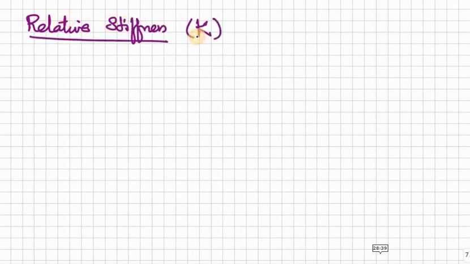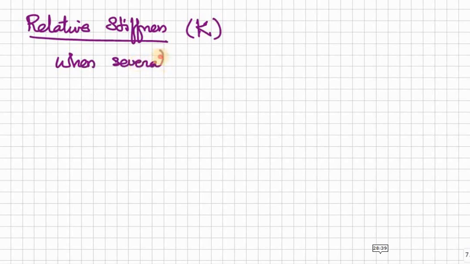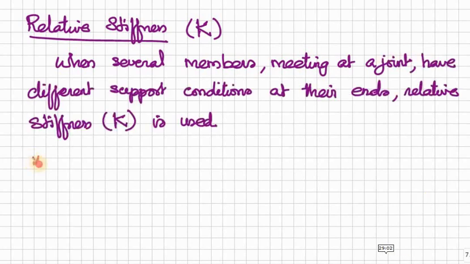Next, relative stiffness, capital K. It is used only for calculation simplification. When several members meeting at a joint have different support conditions at their other ends, then relative stiffness capital K is used to simplify the computation. If far ends of all the members are fixed, then stiffness is the same for all members.